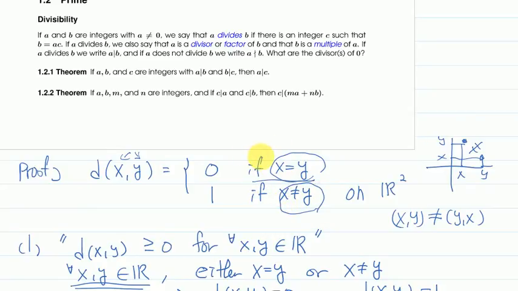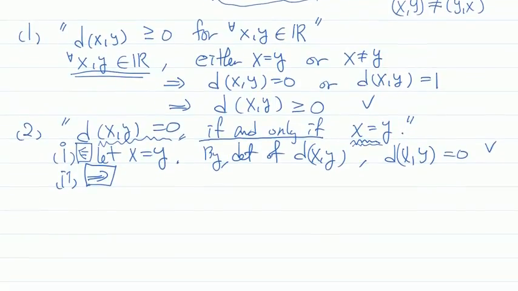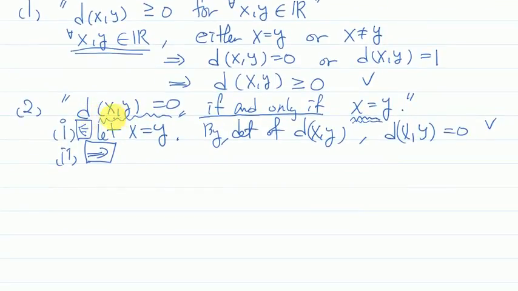If they are the same, then d(x,y) must be 0. If they are different, then d(x,y) must be 1. That's all we have from the definition. So we cannot guess or claim that if d(x,y) is 0, then x and y must be equal. There is no guarantee about it.